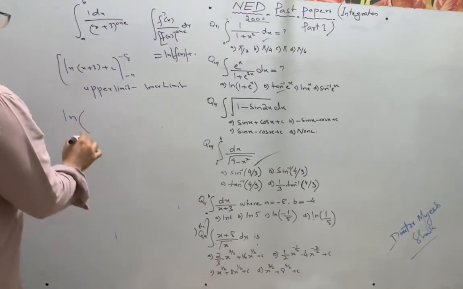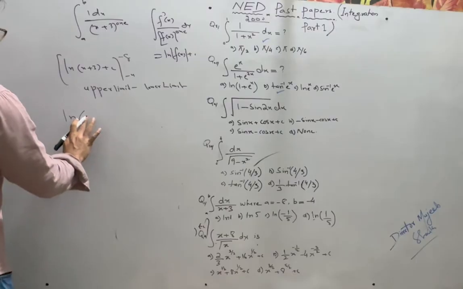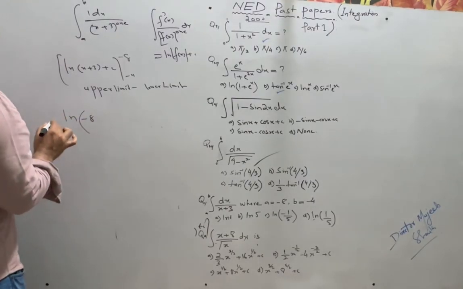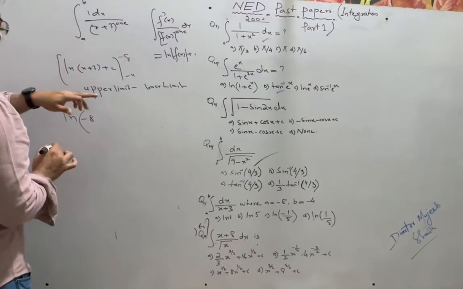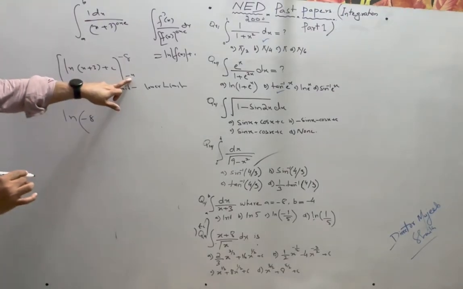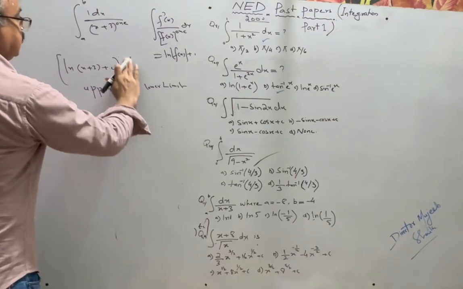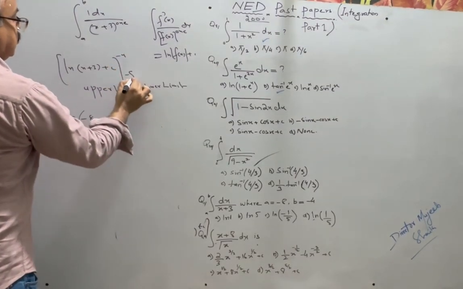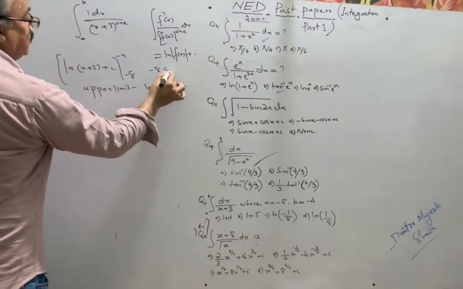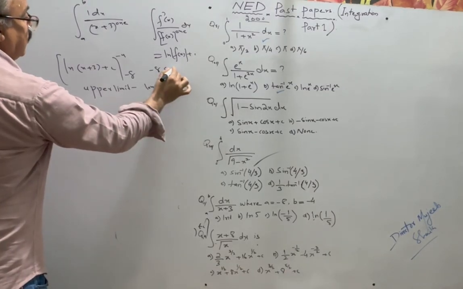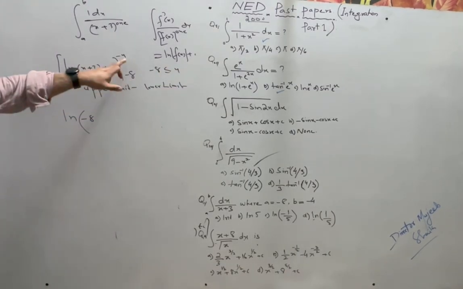Instead of x, write the upper limit, which is minus 4. What is the lower limit? It is minus 8. The lower limit is always lesser than the upper limit.